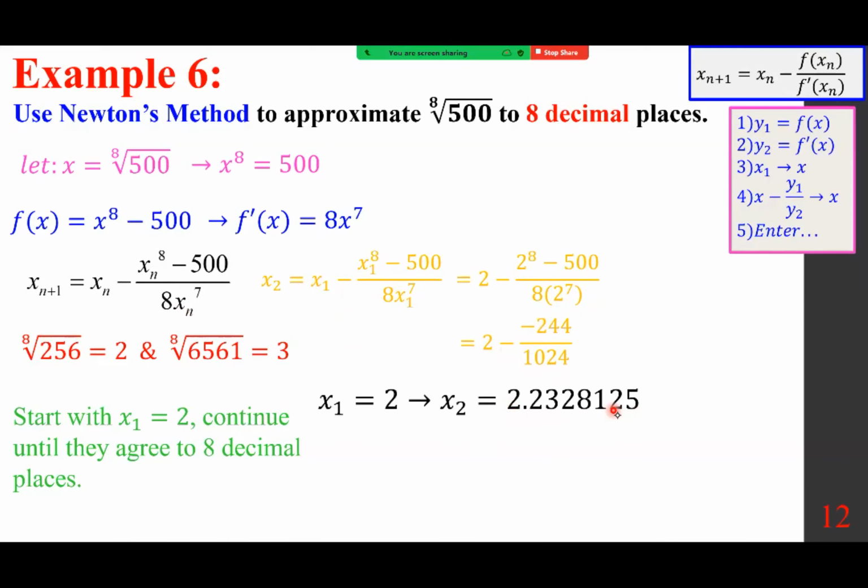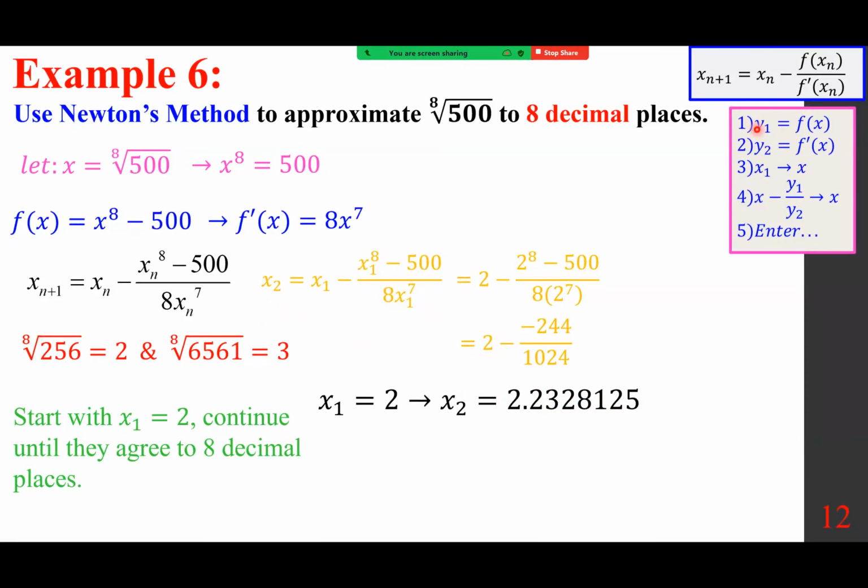Now, obviously, when you look at this number, you don't want to have to go through the same process again and change x sub 2 now to x sub 3 and change x sub 1 to x sub 2 and plug in this number. It becomes very difficult to do it. And that's why we use the formula.